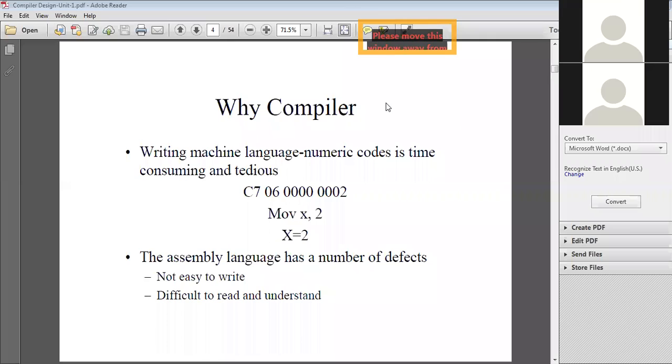We just write MOV, LXI and so on. These are special codes, and we can use them. It is easier to write the program, but very difficult to debug it. We cannot easily debug our program even in assembly language, and it is also very difficult to write the program in assembly language.